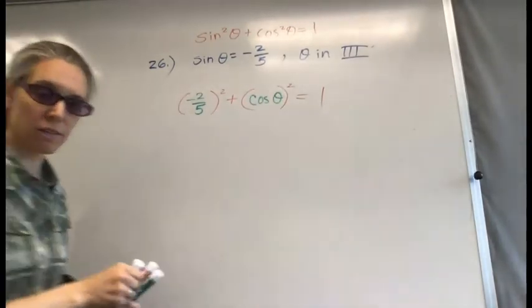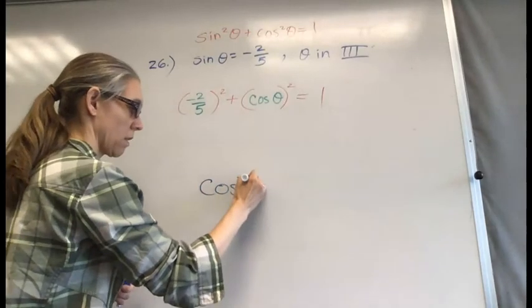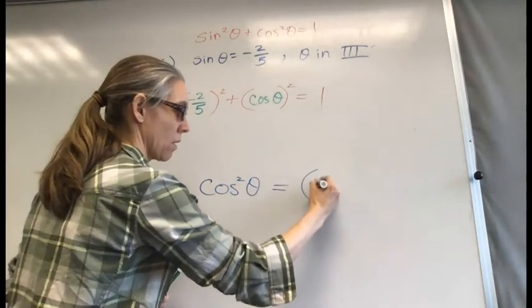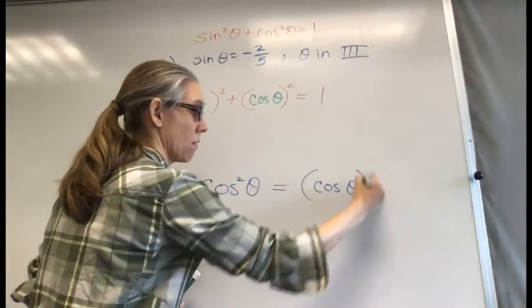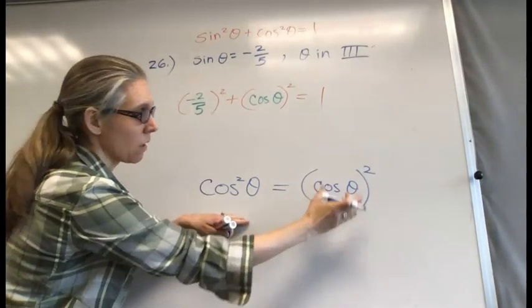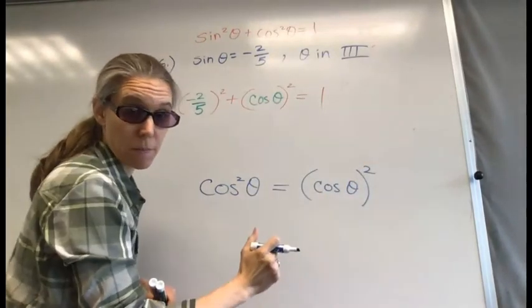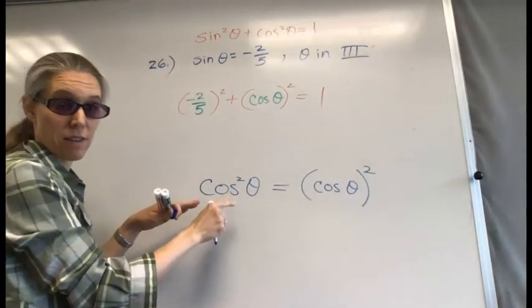So let me point out this for notational purposes. These two things mean the same thing. The cosine of theta then gets squared. It means the same thing as this.